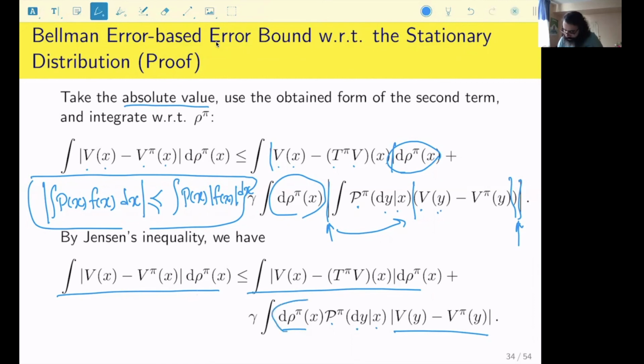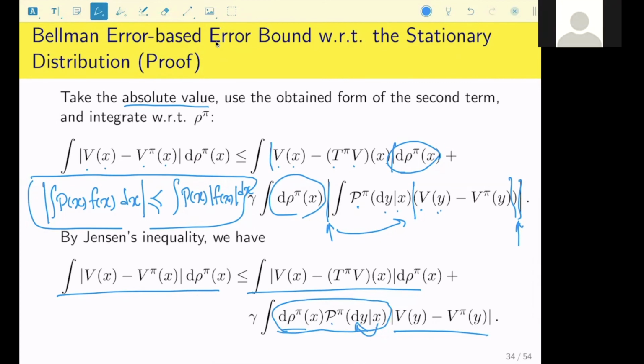Okay, so what should we do here? Let's focus on these two terms. So we are saying that we're starting from state x with the stationary distribution, and we go to the state y according to the model. So what is the distribution of y? Stationary?